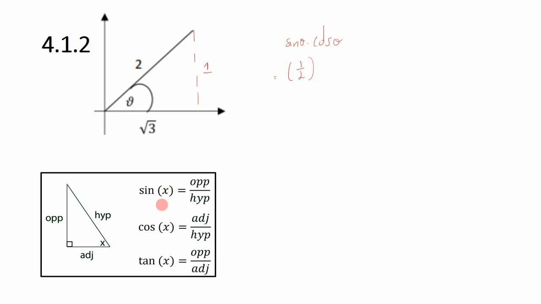But what is cos? Cos is adjacent over hypotenuse. This is our adjacent and this is our hypotenuse. So here we have root 3 over 2. Now multiplying this, 1 times root 3 gives you root 3, and 2 times 2 gives you 4. So you can see that I'm solving this without the use of a calculator. So this is what you are expected to do.